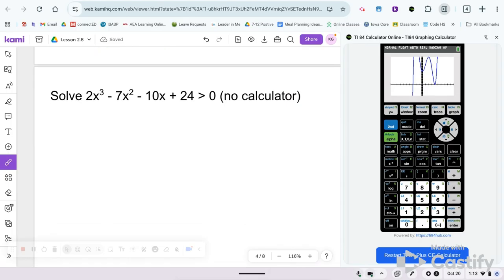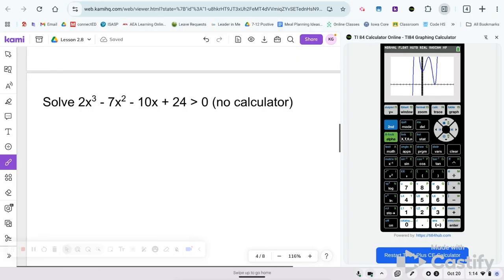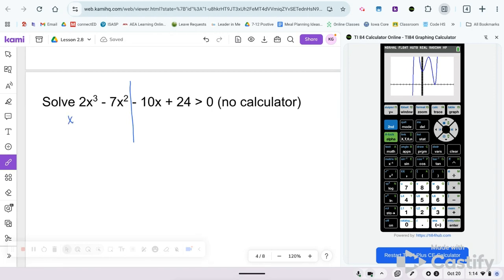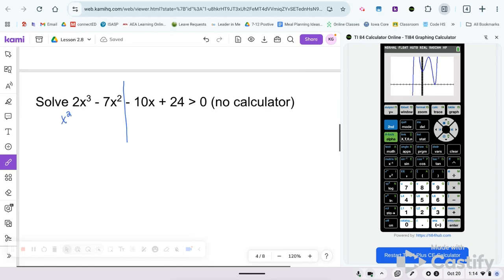All right, this one says not to use the calculator. So what we're going to need to do here is try to figure out if we can factor this thing, or what we can do here. So I'm going to do group factoring. I'm going to split it down the middle here. What they have in common on the left-hand side is x squared. I'm going to go ahead and factor that out, and it's going to leave me with 2x minus 7.